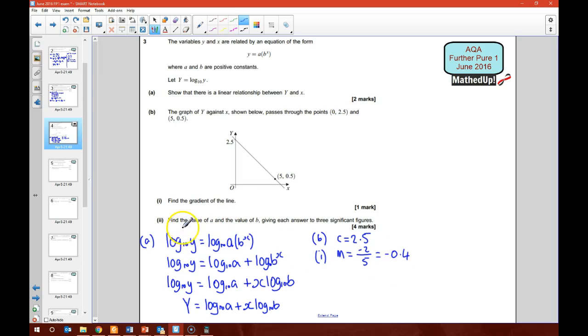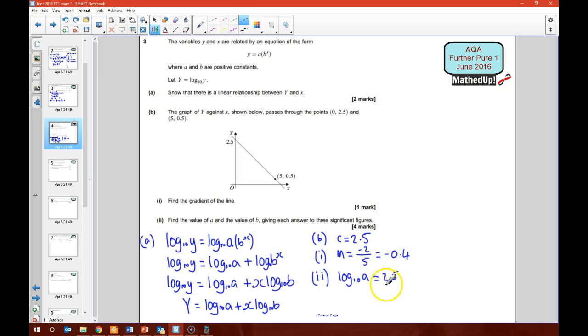For the second part here, I need to find the values of a and b, giving each answer to 3 significant figures. Because I know that c is equal to 2.5, and this is telling me my y-intercept value, I can say that log of a must be equal to 2.5.